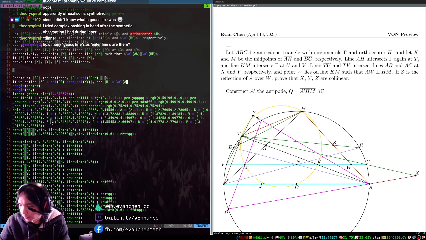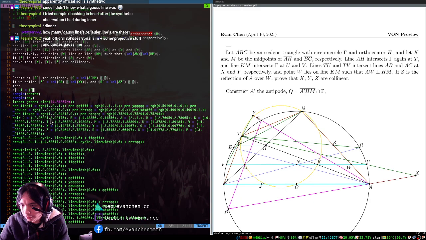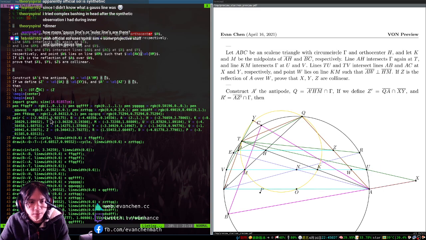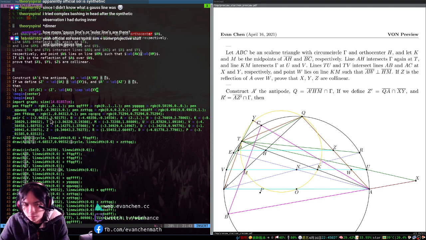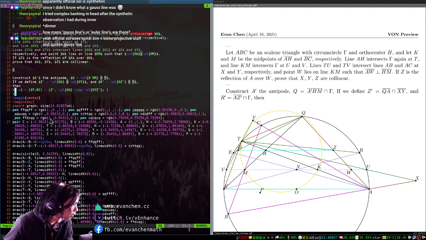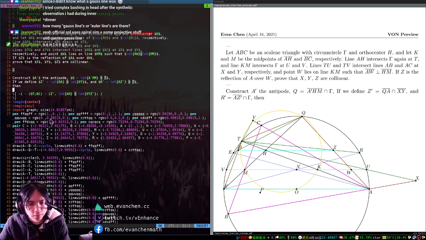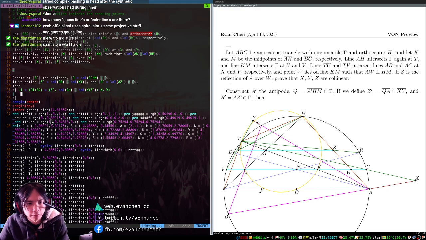R prime equals AZ prime intersect gamma. Then QT, BC is Z prime AH intersect XY, which is equal to R prime.